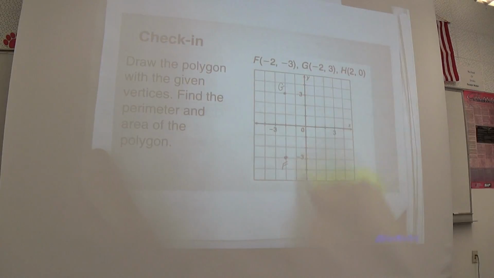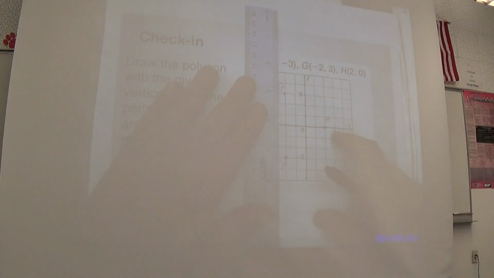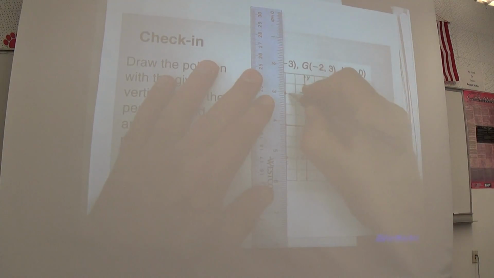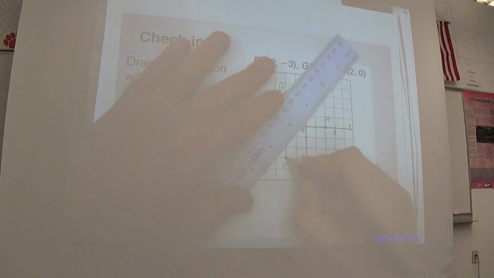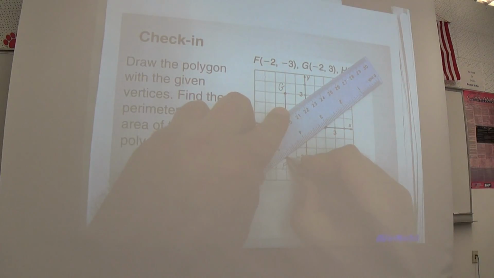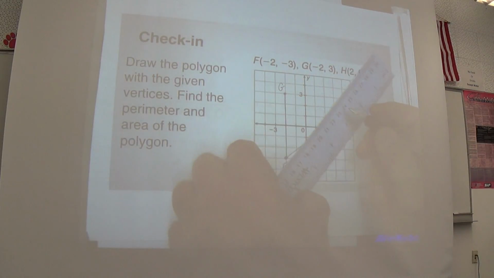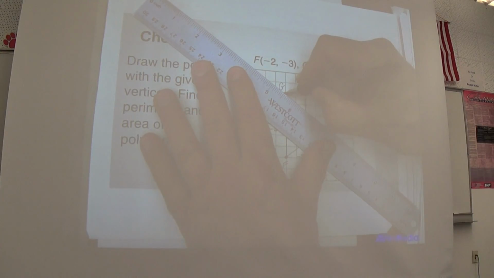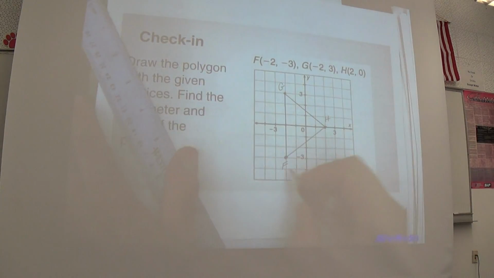And then the other one would be 2, 0, and this is H. I'm going to go back and label these points on the graph.